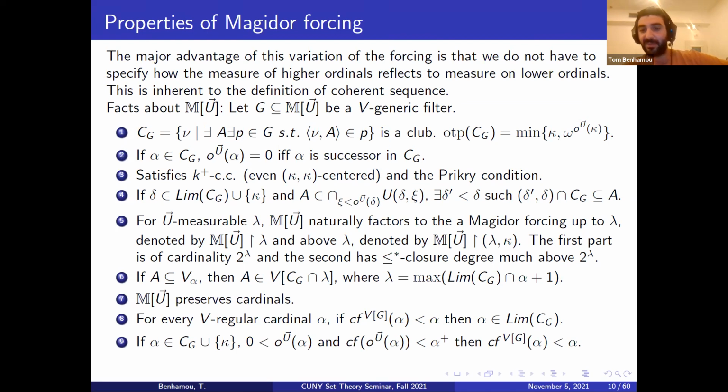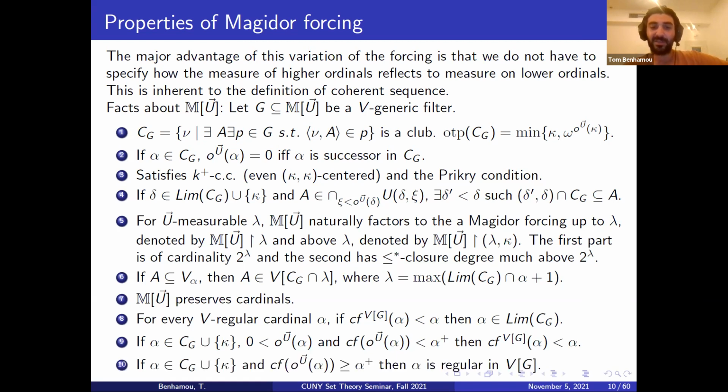So there are two possibilities. Either the cofinality of this order is below alpha plus, in which case the cofinality of VG of alpha is below alpha, so kappa alpha changes cofinality.